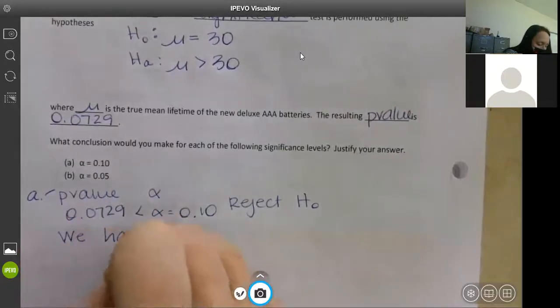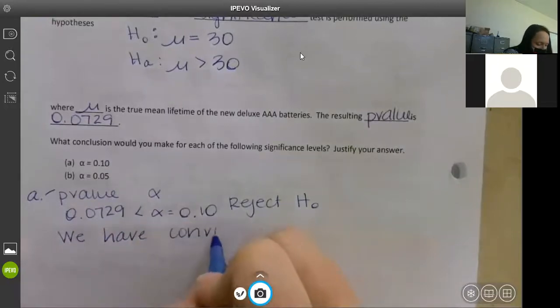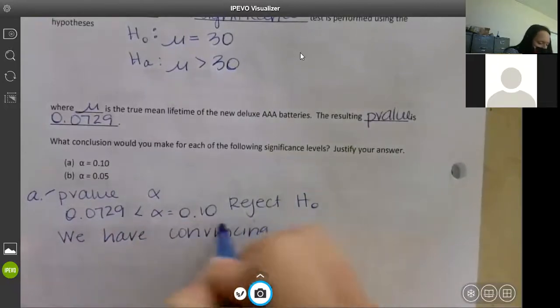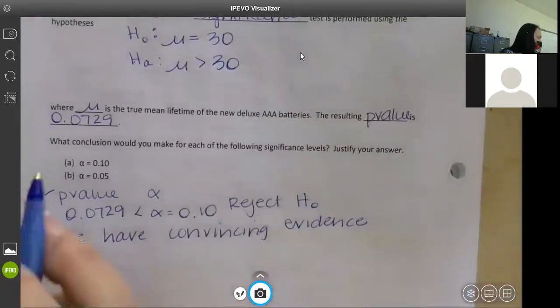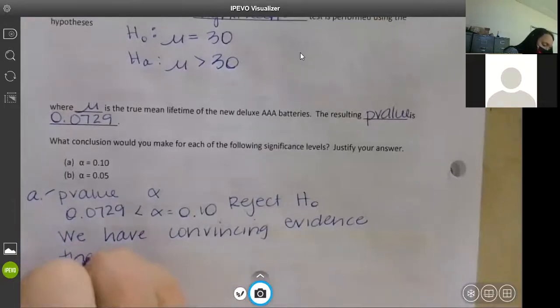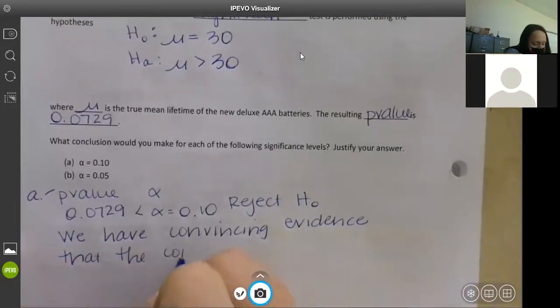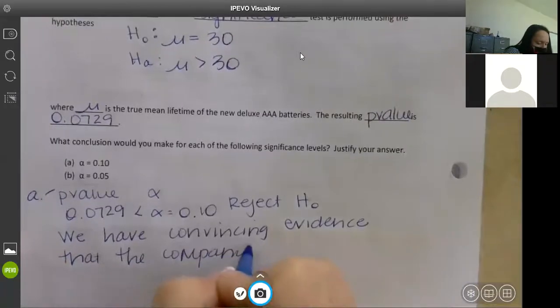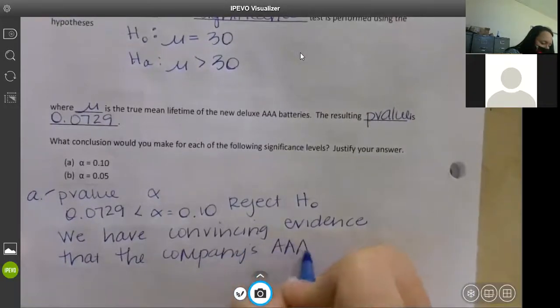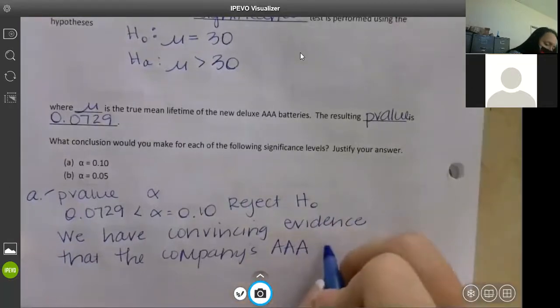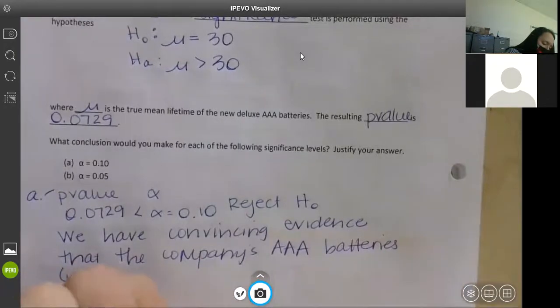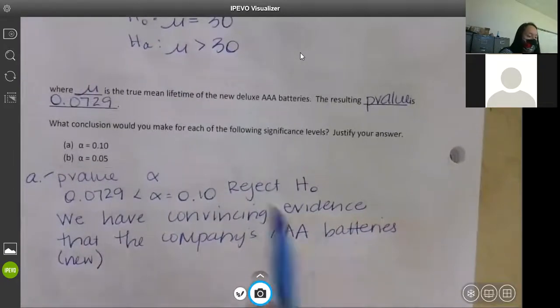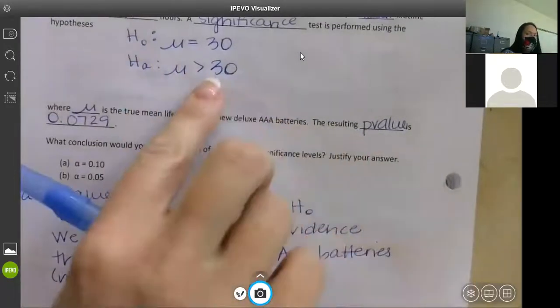which means we have convincing evidence that the company's, probably should have put deluxe in there, AAA batteries, the new ones. If we rejected H sub O, that means that didn't work and we went to this.